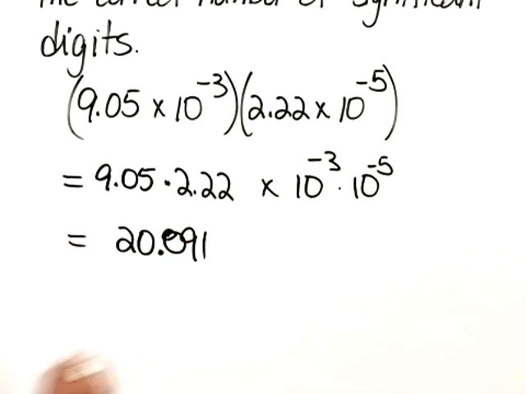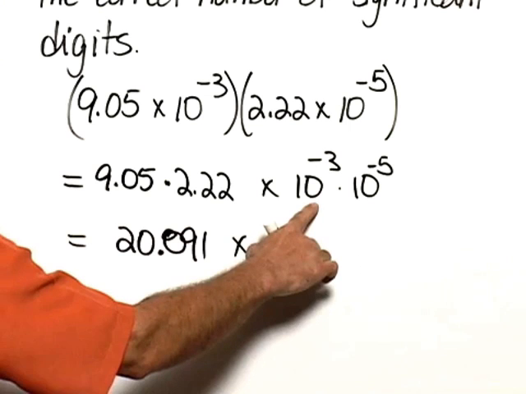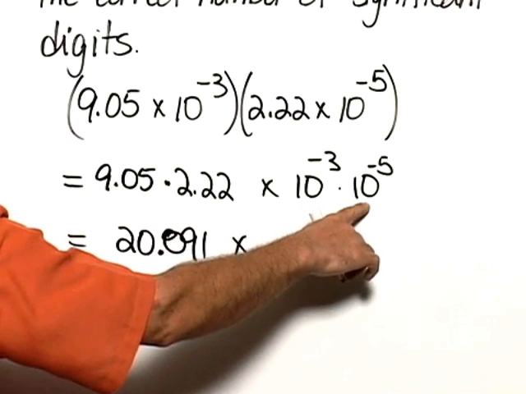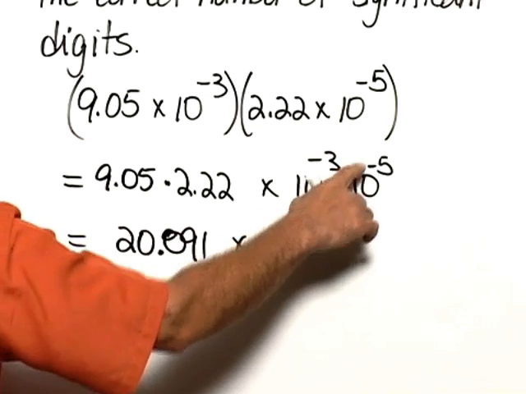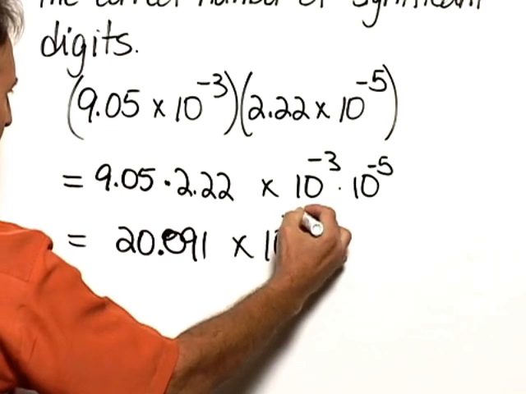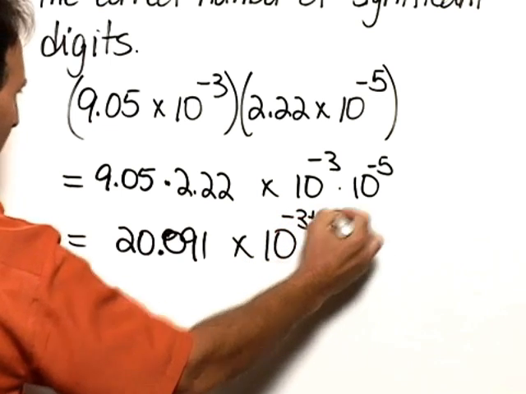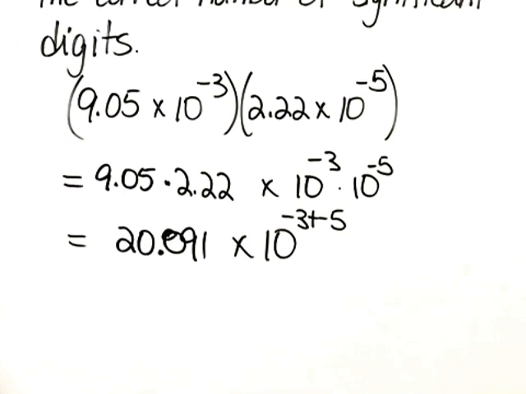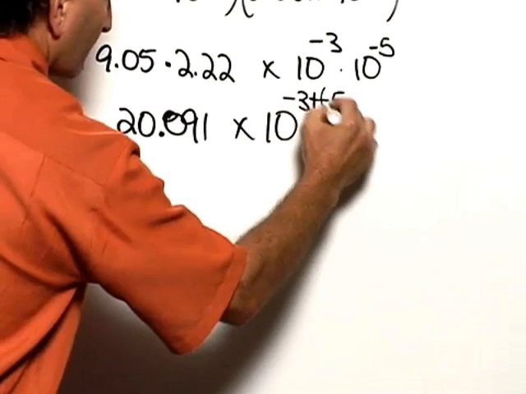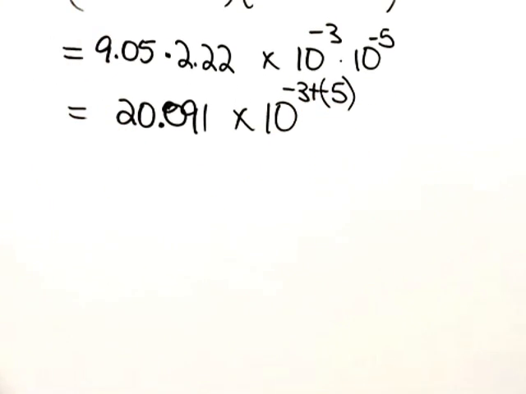20.091. Then times, when you multiply exponential expressions with the same base, you add together the powers, so negative 3 plus negative 5. Let's put that in parentheses to set it apart.